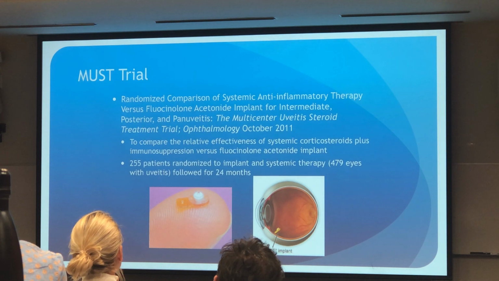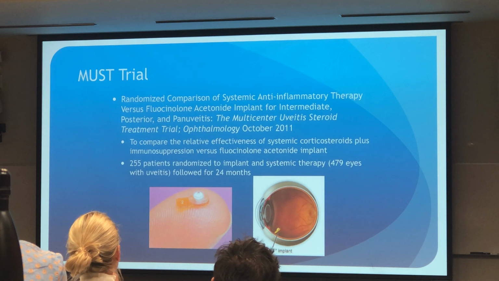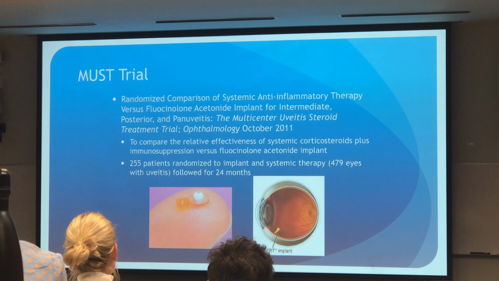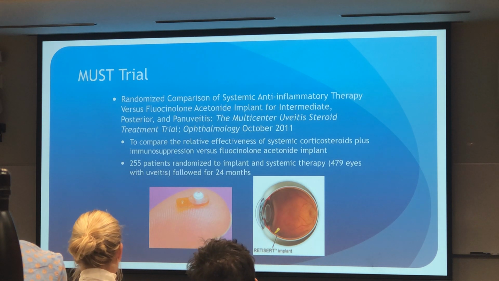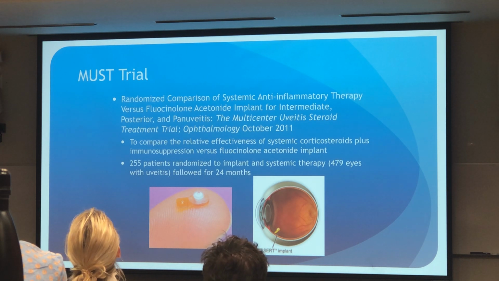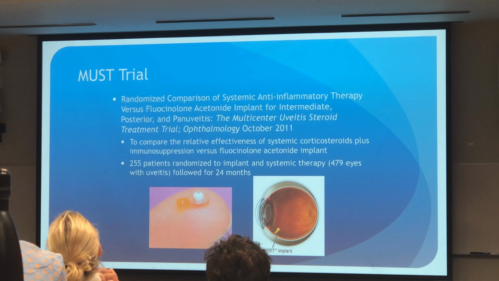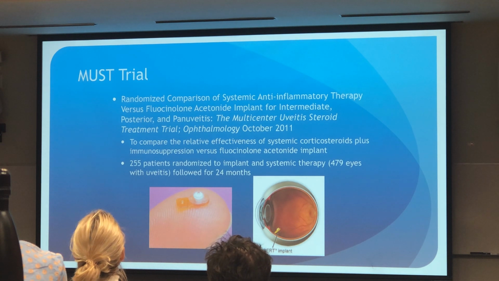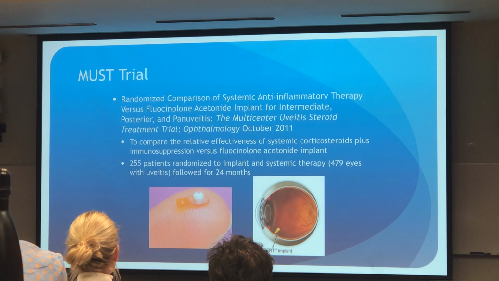I just want to mention briefly about the MUST trial, which is the Multicenter Uveitis Steroid Treatment trial, where the comparison was done for patients' outcome using the Retisert implant versus systemic immunomodulation.